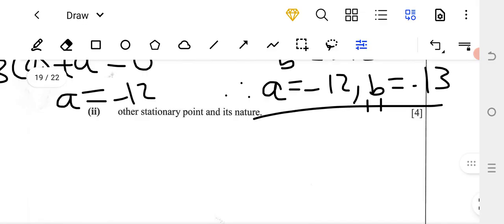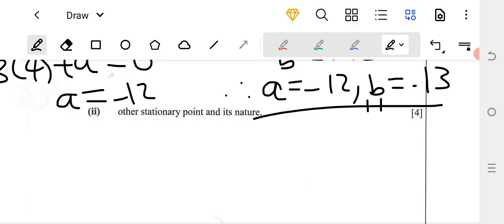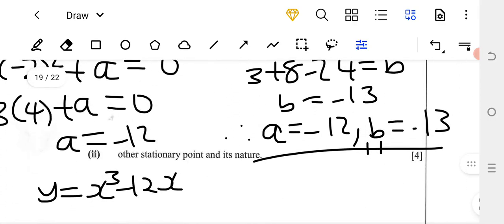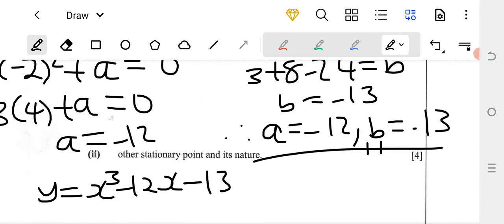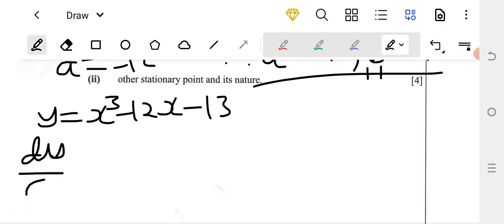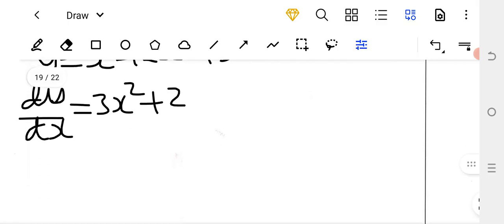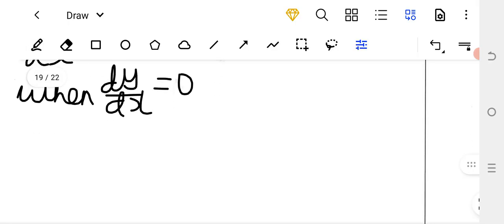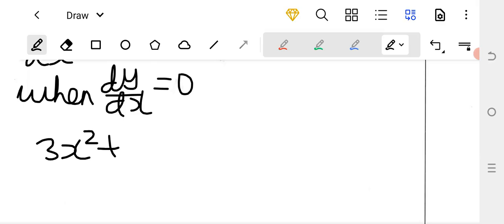Then the other stationary point and its nature. So now the curve is y is equal to x cubed minus 12x minus 13. They want us to find the other stationary points and the nature. dy/dx is going to be equal to 3x squared plus 2.